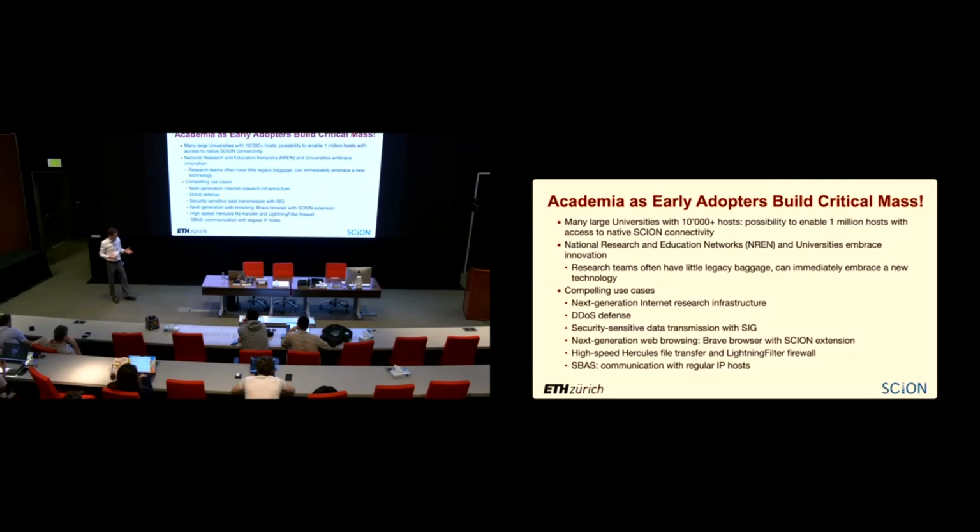Any student could, once it's there, for instance at ETH, install a piece of software on their host and just make use of SCION without asking anyone else. It just works. And so this enables a lot of different research projects in security or multipath research and so on. Also for DDoS defense, I'll show an example in a few slides. It turns out universities are starting to be attacked.